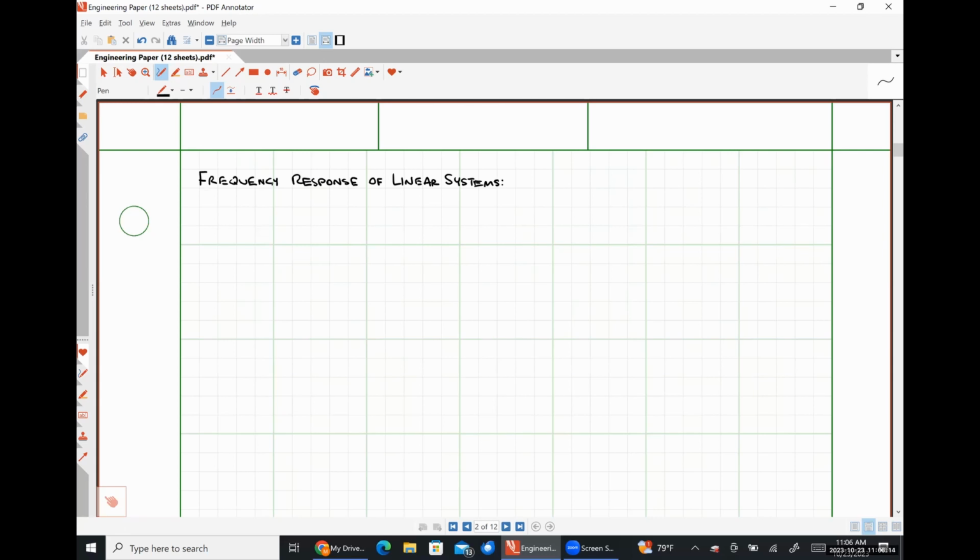Before we dive into this topic, I want to give you a little bit of context here. We are still continuing to do circuit analysis in the S domain.